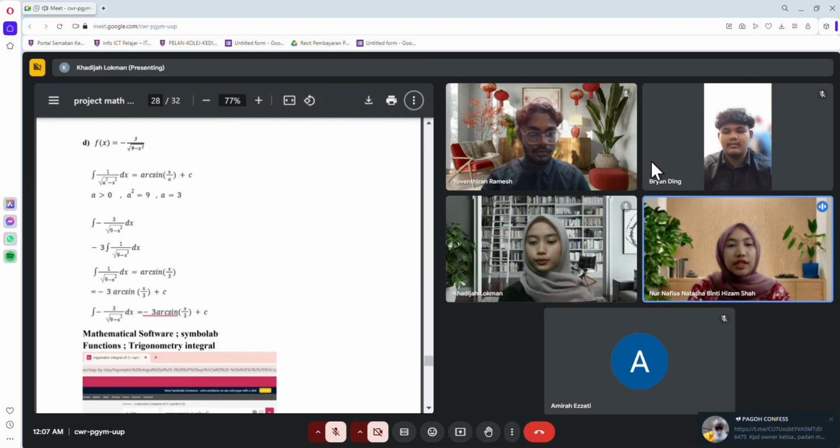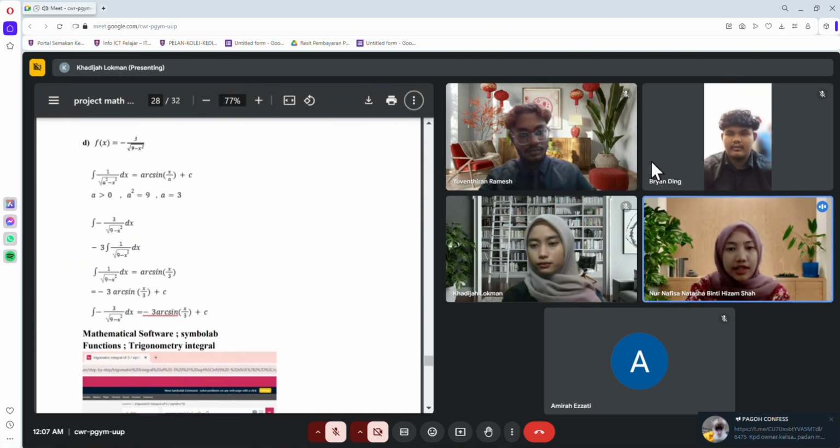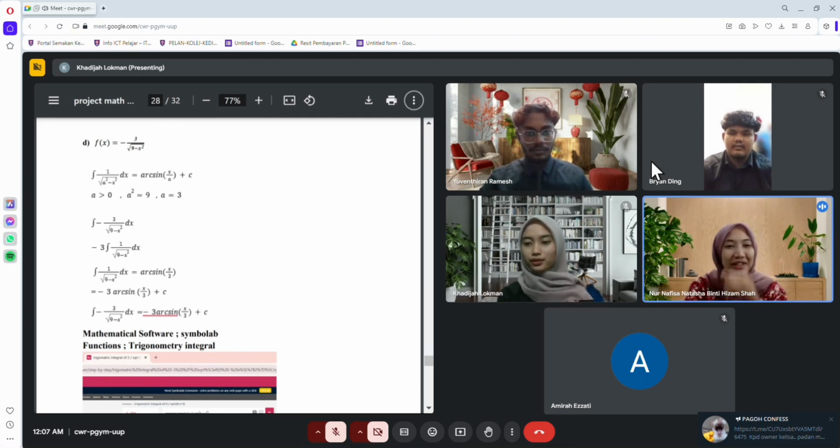Using the rule of integration, the result is negative 3 times arcsin of x divided by 3 plus c, where c is constant. The example shows how integration can solve problems involving square roots and trigonometric relationships. Using Symbolab mathematics software, we get the final answer.